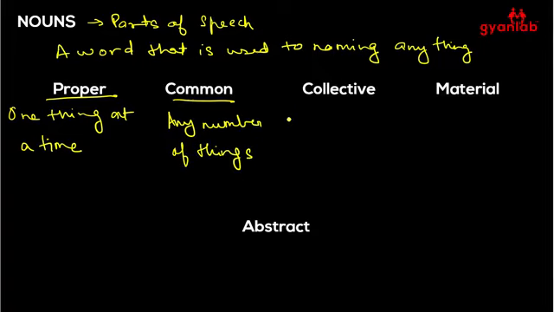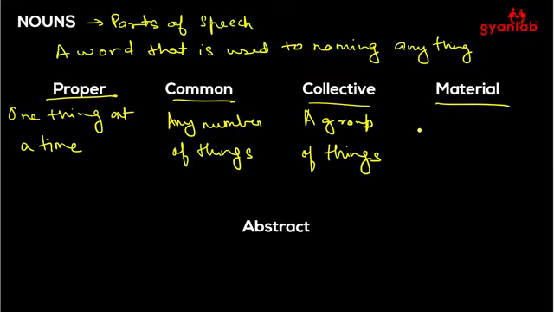After this, we have collective noun, which is a group of things. And there's another kind of noun, material noun, that should not be mixed with collective or common noun, and it is what a thing is made of.